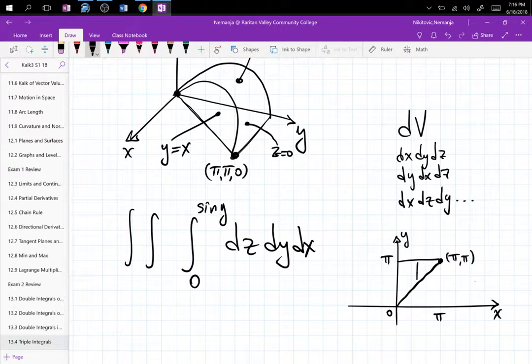Draw dx in there, and from there it should be easy to write the limits, because you see that your x limits are from 0 to pi, and your y limits, the bottom is on x, and the top is on pi.